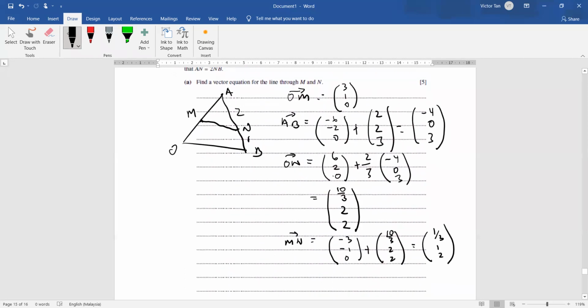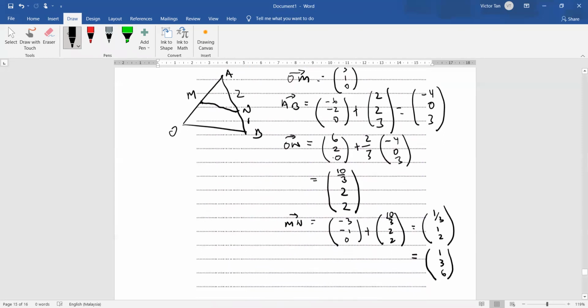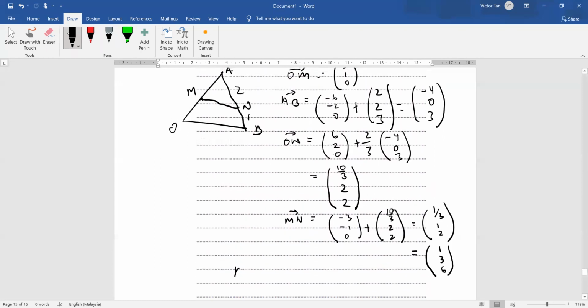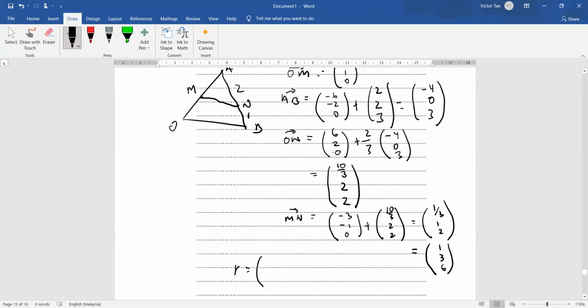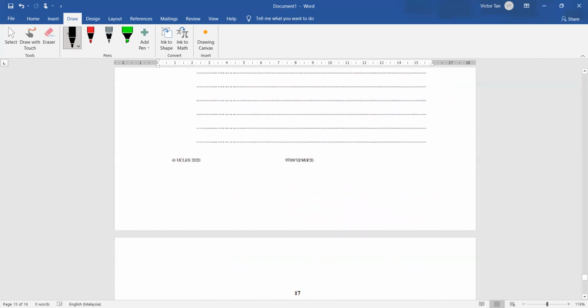So I can always write the direction by multiplying by 3, which is the same direction as (1, 3, 6). So the vector equation: r is your position vector. Take OM, which is (3, 1, 0), with direction vector (1, 3, 6). That's it.